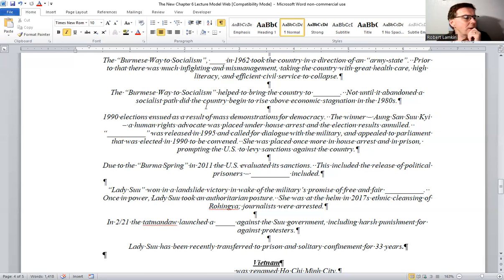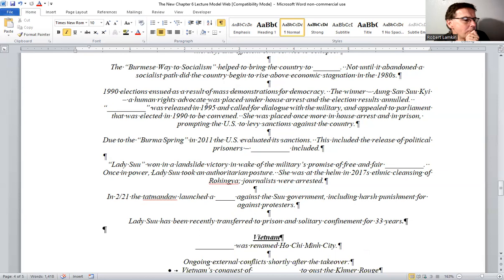Lady Suu was sentenced to 26 years in prison by the Tatmadaw in '21, and then in late '22, she went to trial again for corruption, and they added 7 more years. I think it was December '22. They added 7 more years to her sentence, making a grand total of 33 years. That she'll die there now.